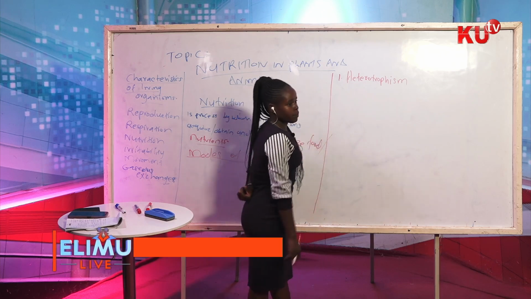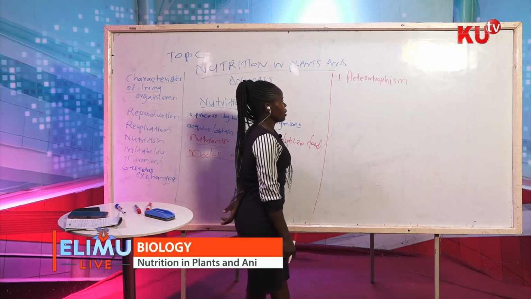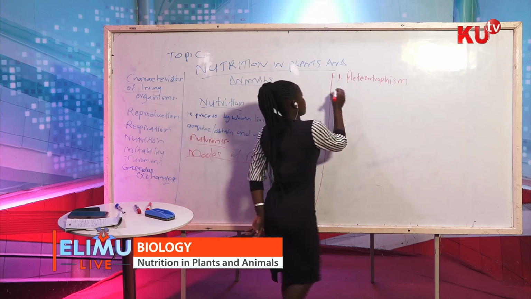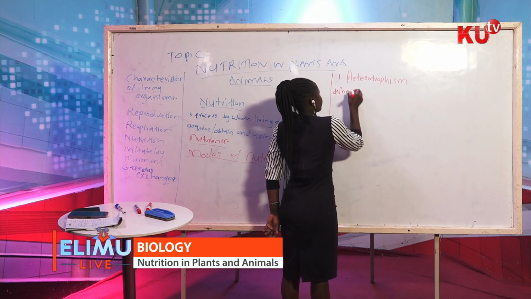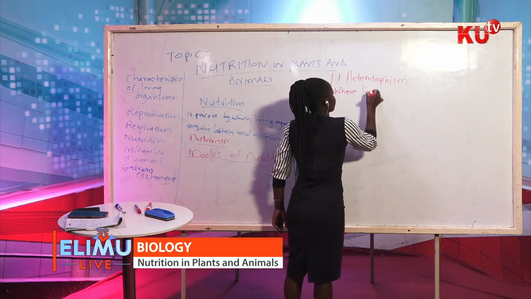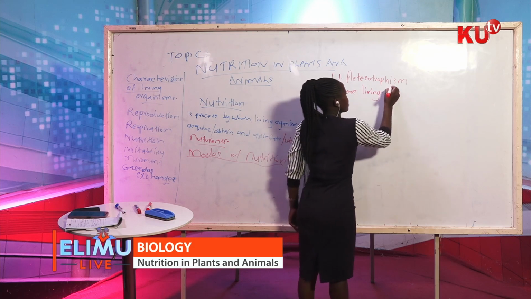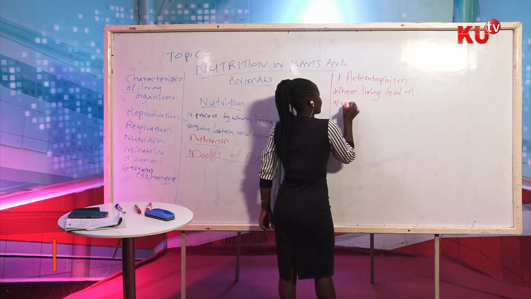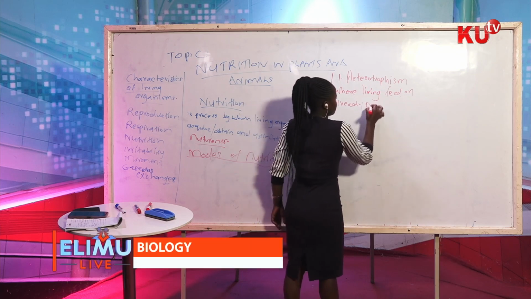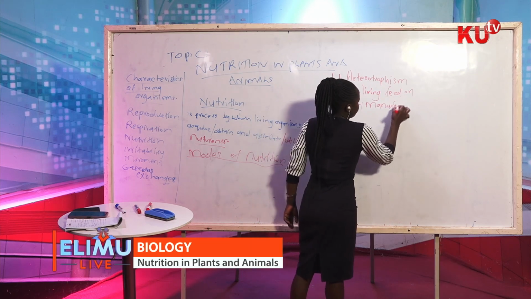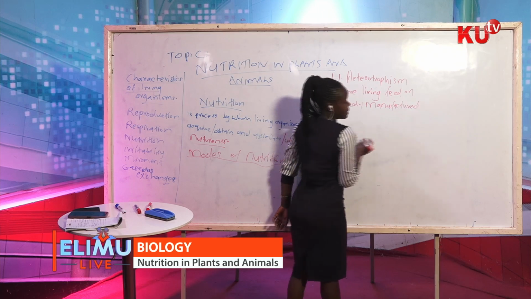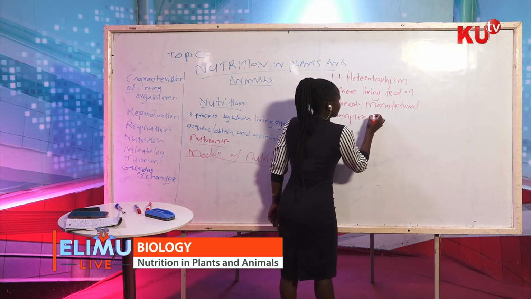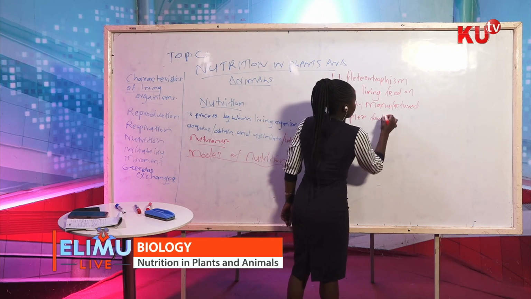In this type, this is where living organisms feed on already manufactured complex food materials.